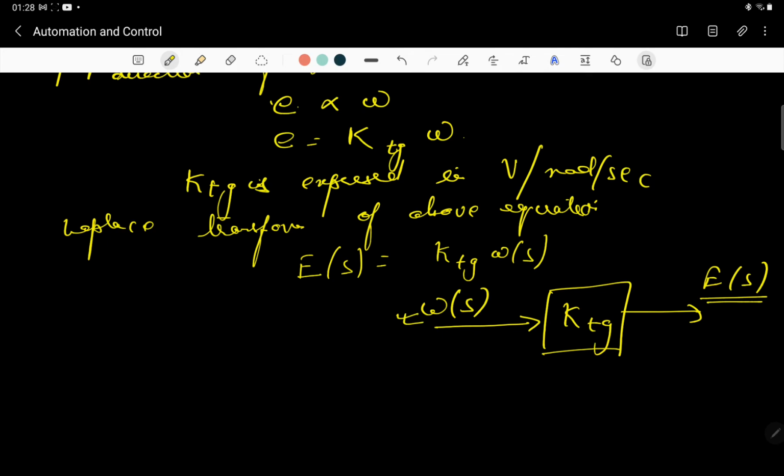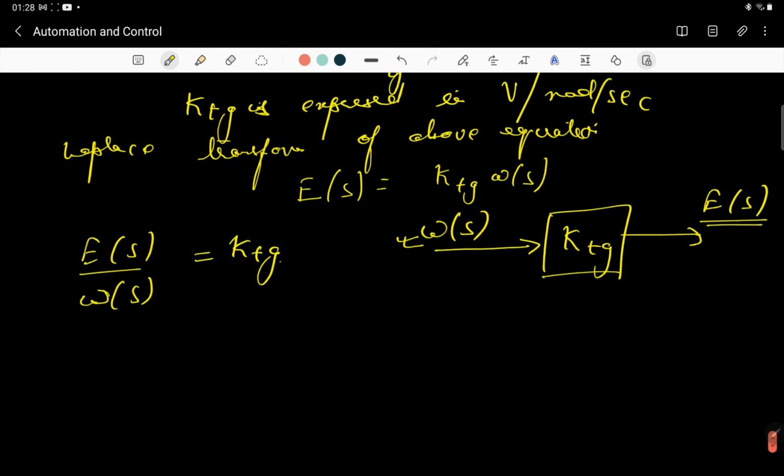So the output upon input is the transfer function, E(s) upon omega(s), which gives you K_TG. So this is the transfer function of the tachogenerator, relating the output, the voltage at the terminal, to the input, which is your rotational speed. So this is about the DC tachogenerator.